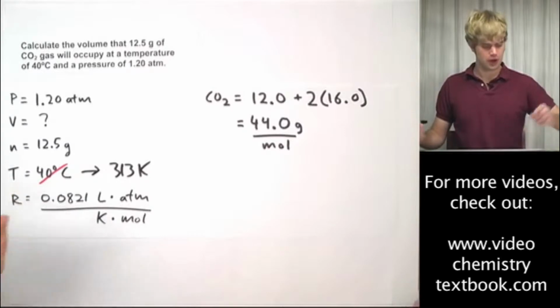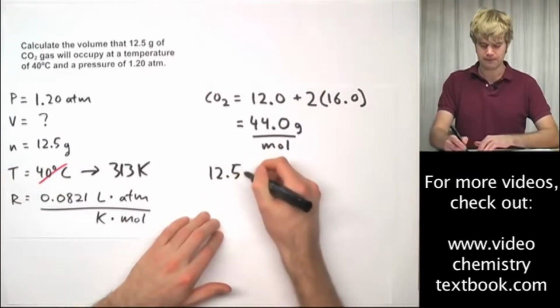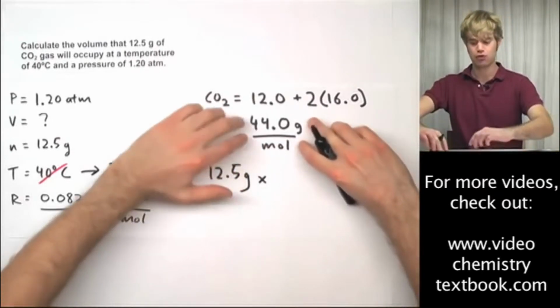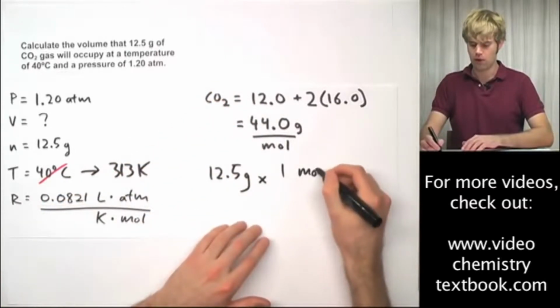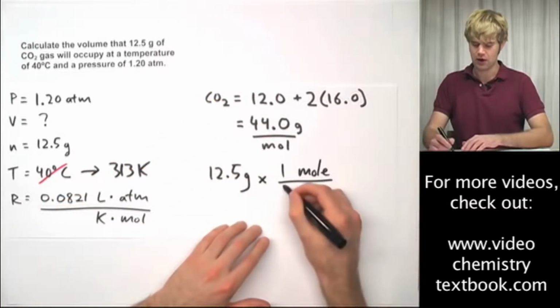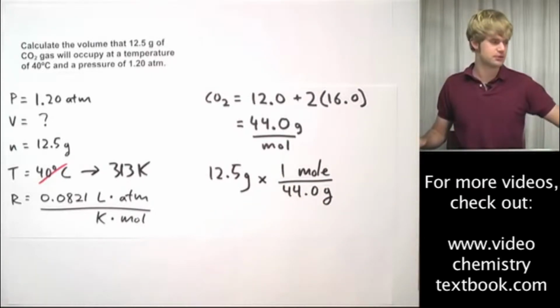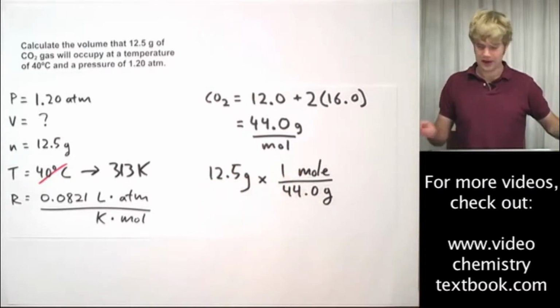All right? So now what we're going to do is take 12.5 grams of CO2 times, I want to cancel out grams, so I'm going to flip this fraction, 1 mole divided by 44.0 grams. And the math that I'm going to do is 12.5 times 1 divided by 44.